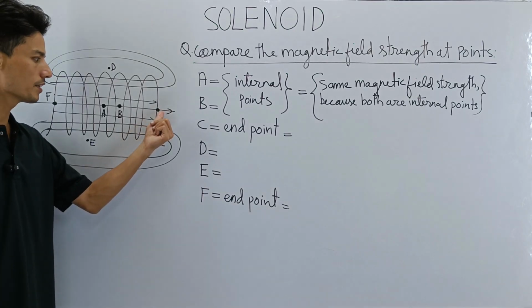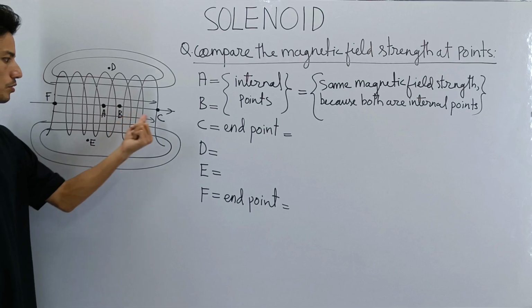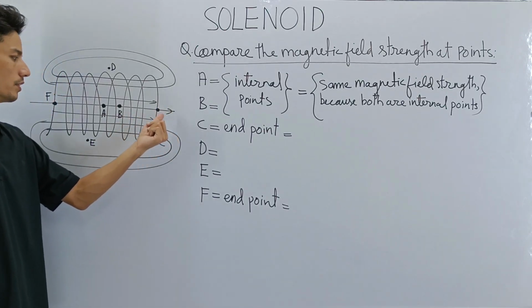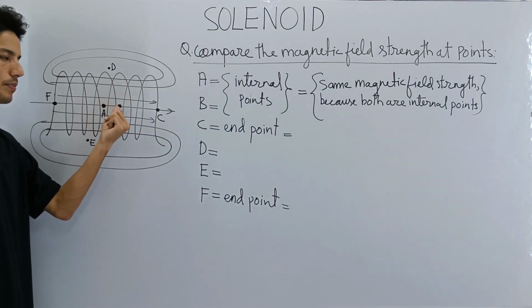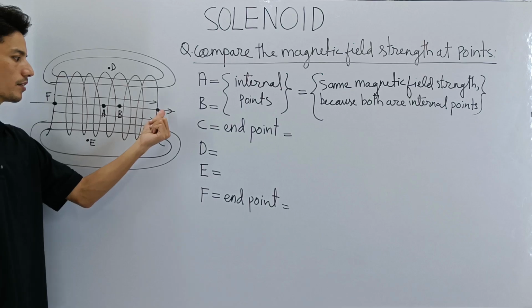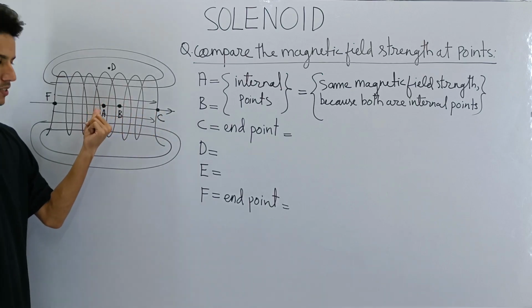So the strength of the magnetic field here at point C and point F, because they are endpoints, will be half of the magnetic field at point A and point B. That means half of the magnetic field of the internal points. Remember this, okay?